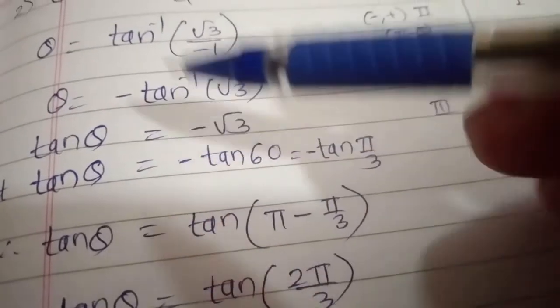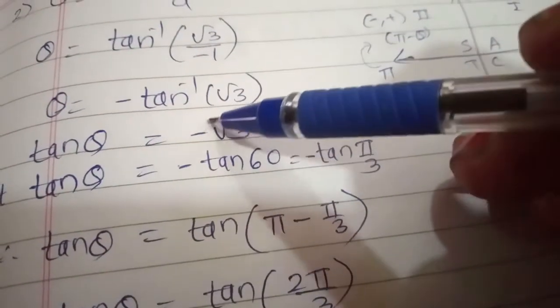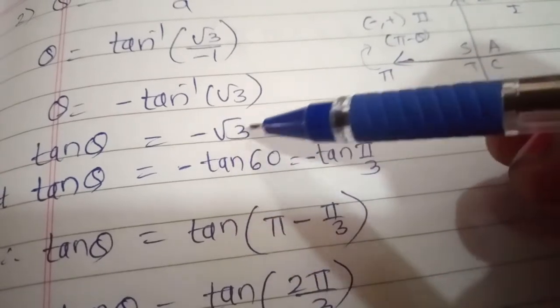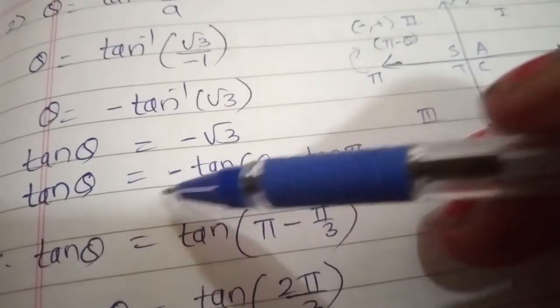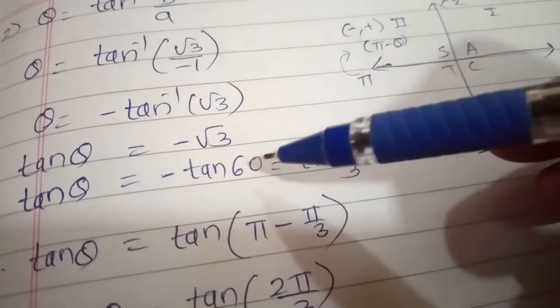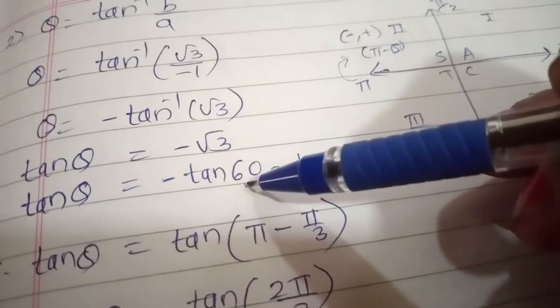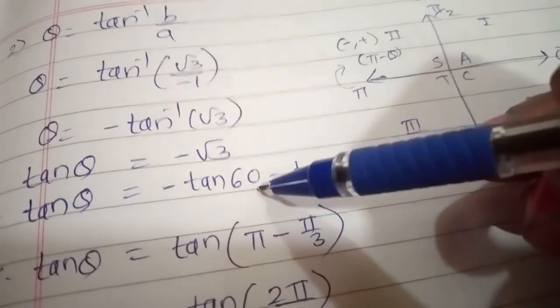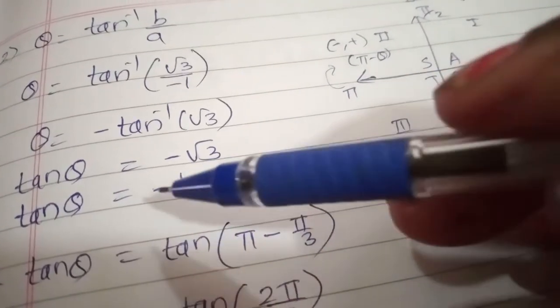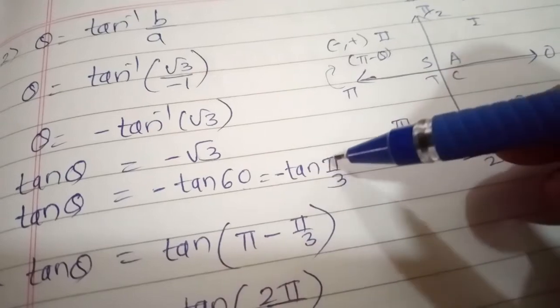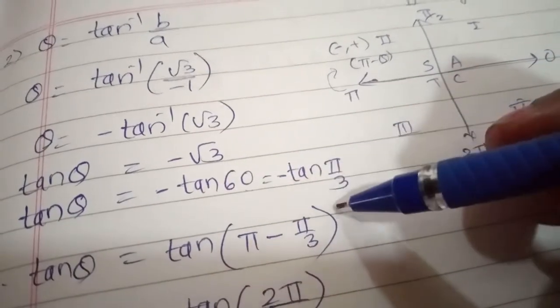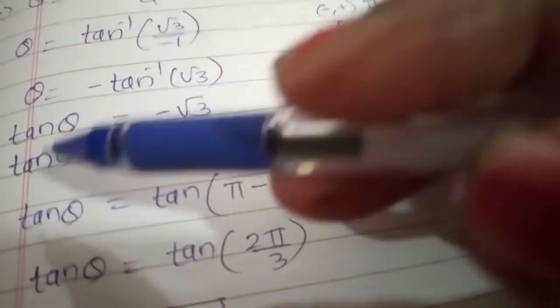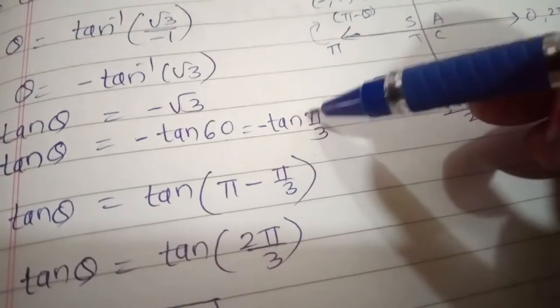So first we have to find which angle of tan has the value root 3. So tan theta is equal to minus tan 60. Tan 60 is nothing but root 3, and 60 is in degree form. We have to convert it into radian form, so we can write minus tan pi by 3. 60 means pi by 3. So here we get tan theta is equal to minus tan pi by 3.